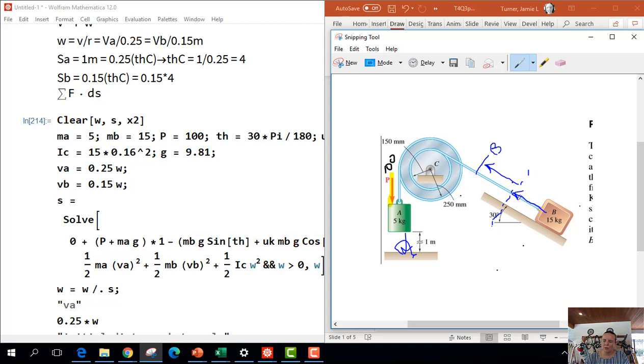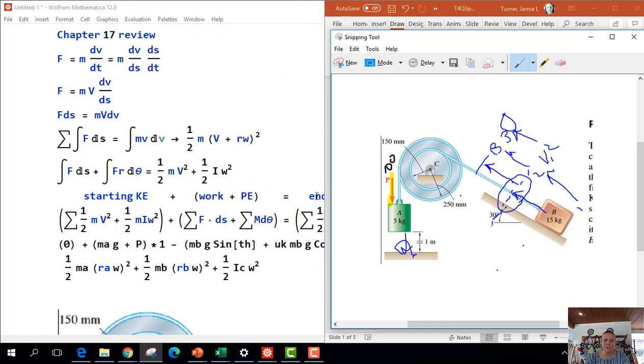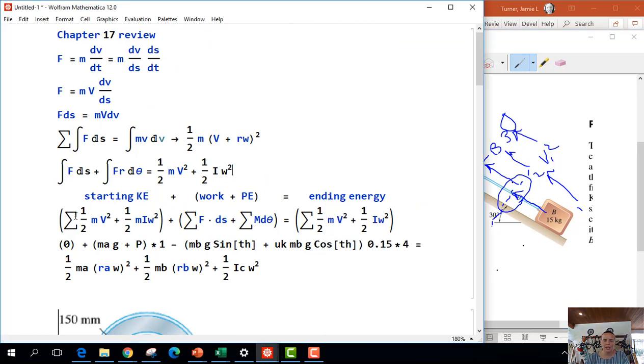So if we go from state 1 to 2, and then 2 to 3, and from 2 to 3, what we're going to do is look at what velocity B has here. So we'll have some starting kinetic energy, and then at the very end, that energy is going to go to 0. So we're going to come back to our ginormous energy balance problem and look at what B is doing when A hits the ground. So that's the starting velocity.